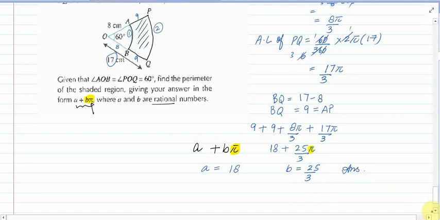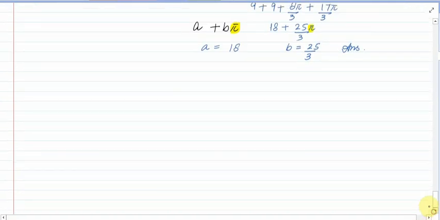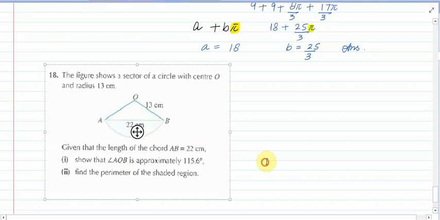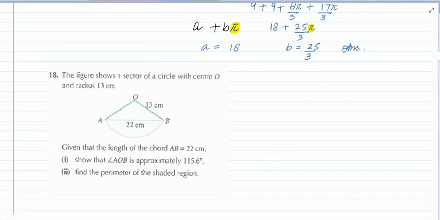After this question, moving on to the next question, it's question number 18. The question says the figure shows a sector of a circle with center O and radius 13. Given that the length of the chord AB is 22, show that AOB is approximately 115.6.